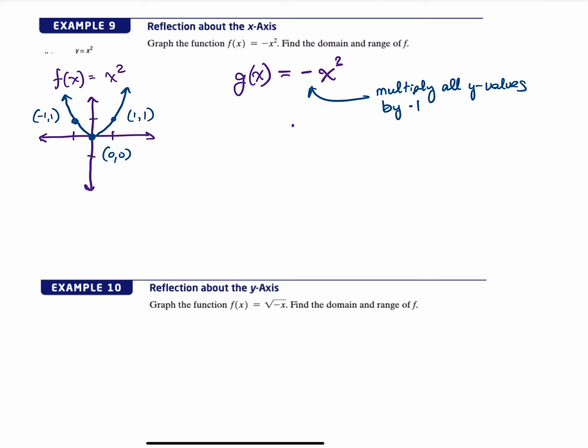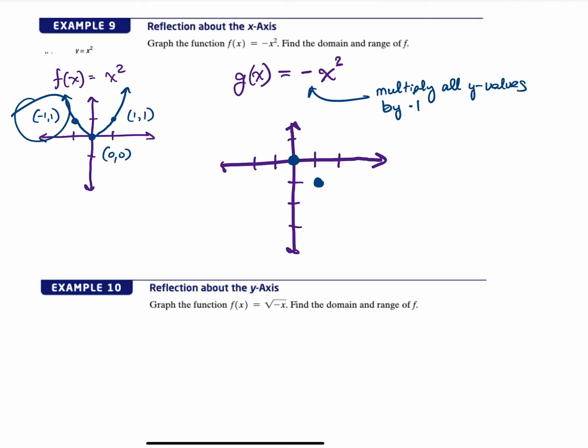So let's draw it out. I'll still have the same point at the center, because that stays put, because negative 0 is just 0. So instead of the point 1, 1, I would have the point 1, negative 1. The y becomes negative.